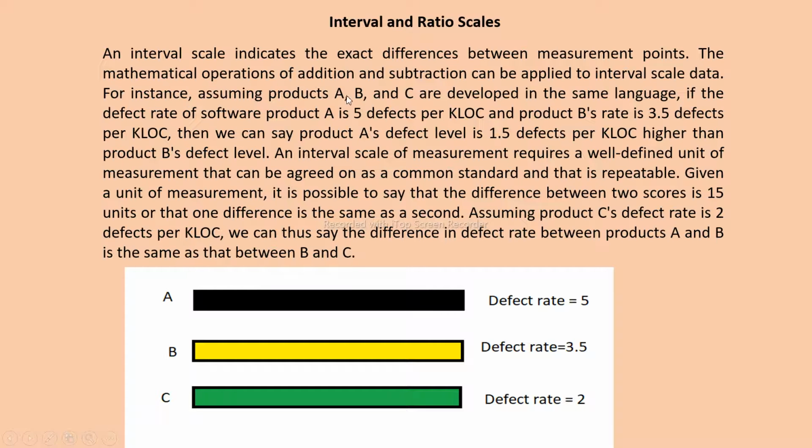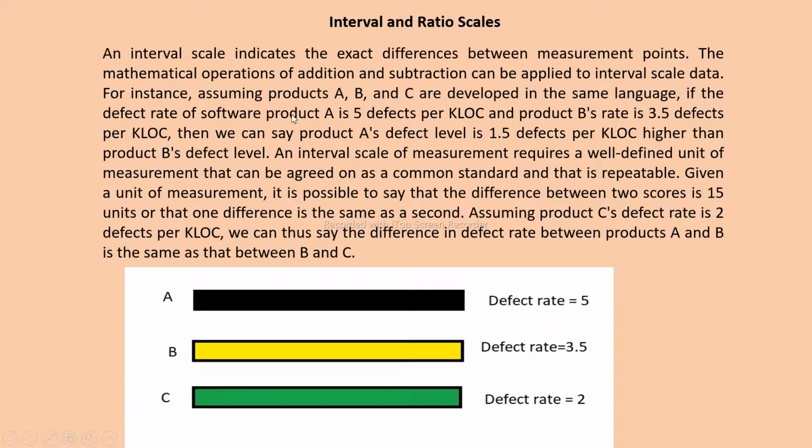For instance, assume products A, B, and C, three software products developed in the same language. Just for our convenience, we say that the platform is the same and the language is the same.